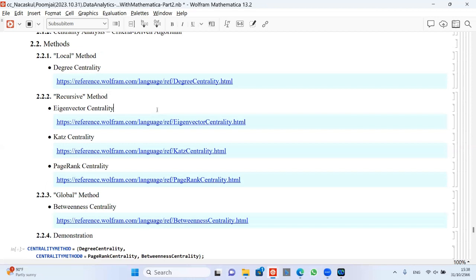So by default, I tend to use PageRank for everything. I would like to use eigenvector because it's a nice centrality, but if I don't use that, I use PageRank. Incidentally, PageRank is named after Larry Page, who is a co-founder of Google. This is how Google ranked the page.